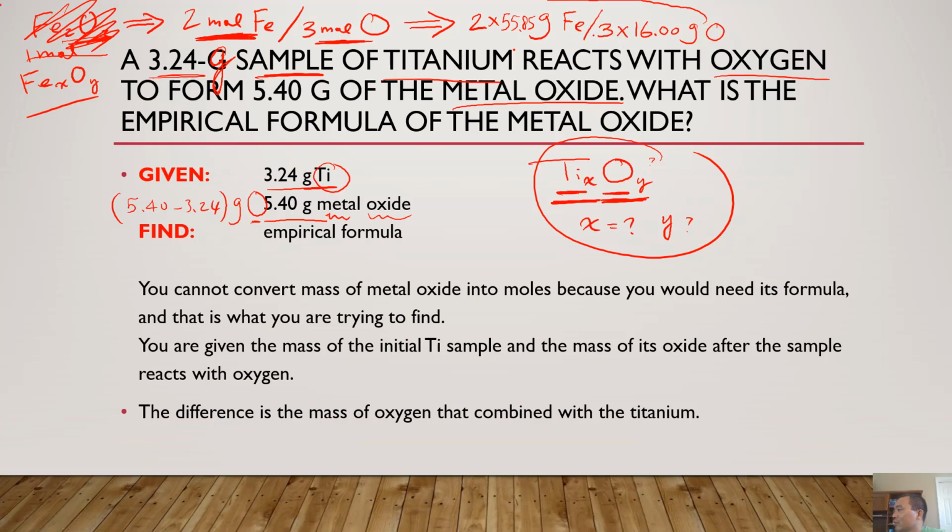If you know grams of each, you can go back and find out moles. Then you can go back and find out the mole ratio, and you find out the X and Y. So that's why we need to have grams being converted to moles, because with that we can find out the mole ratio, so we know how many atoms are in the compound.